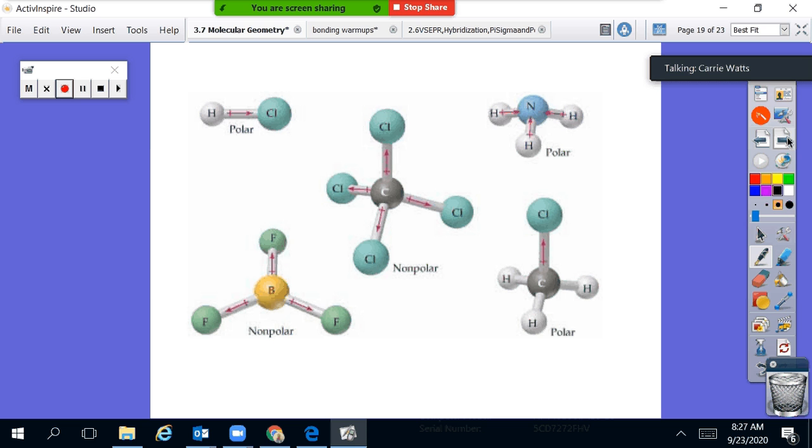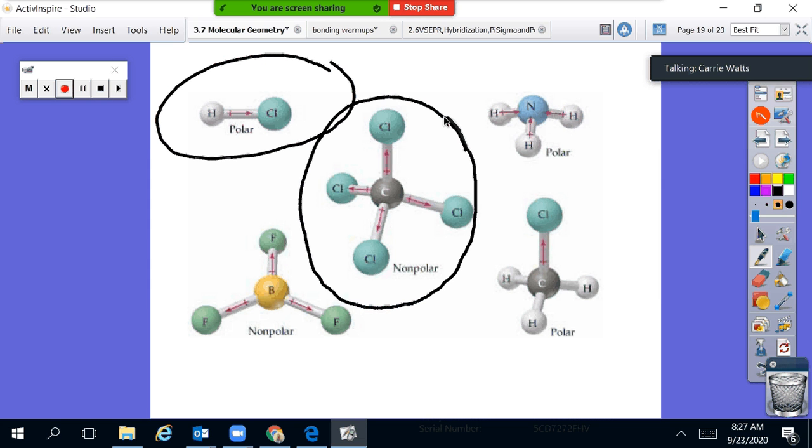Most of these would be on your page 1 of the Vesper sheet. We've got, of course, HCl, which is just a linear molecule with two different atoms. Obviously, you can see it's not symmetrical. There's a net dipole pointing towards the chlorine. Here's tetrahedral: four bonds, no lone pairs.